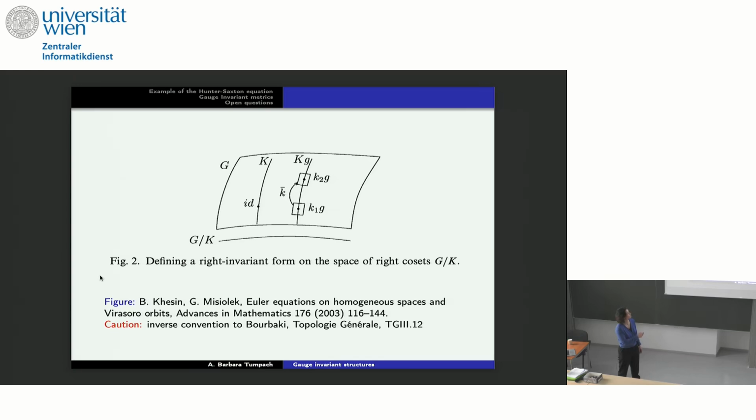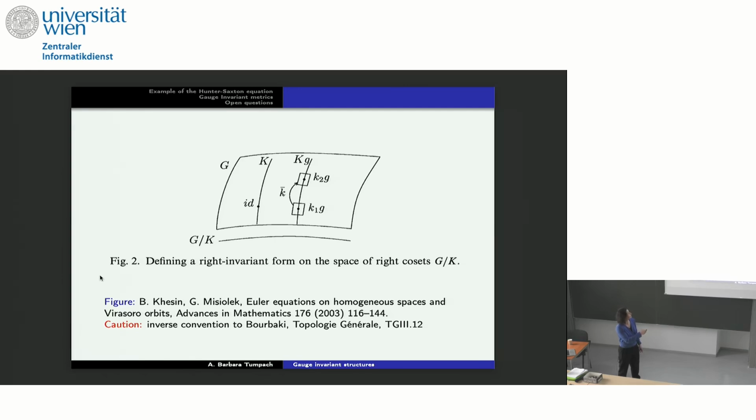So there is a group K acting on some manifold. In this case, the manifold itself is a Lie group, G. And there is a subgroup, here it's denoted by K, acting on this. And so you have this fiber bundle structure, and the quotient map will map one of these fibers to a point in the quotient.